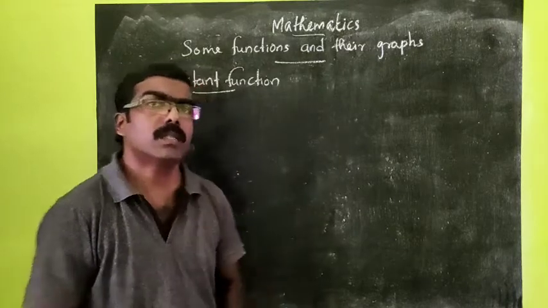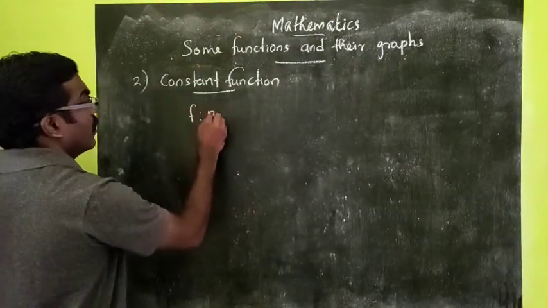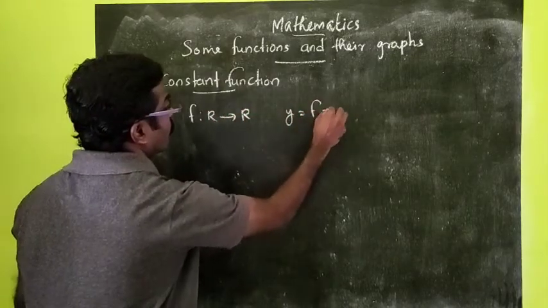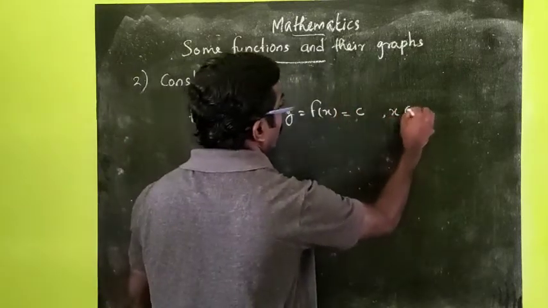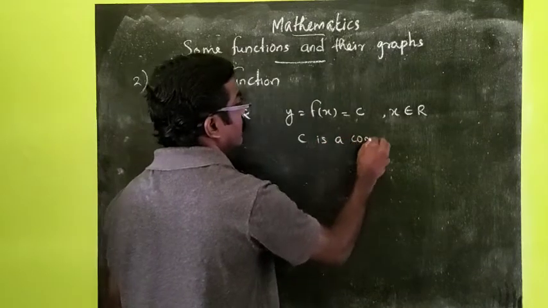Now the second one is constant function. Here also it is a real function f from R to R given by y is equal to f of x is equal to some constant c, where x belongs to R and c is a constant.